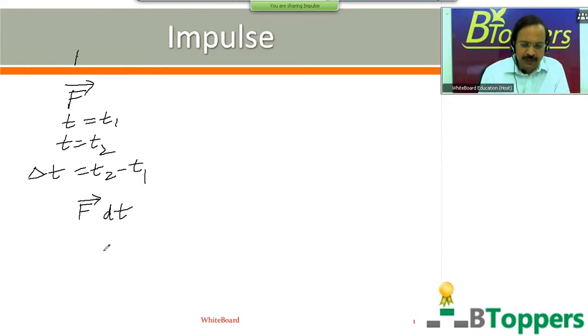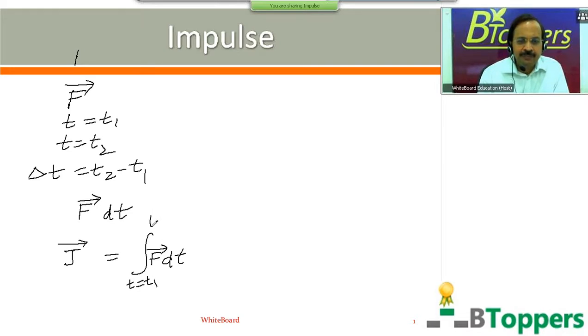So the total impulse given to the body for the time interval delta t, which we denote by J bar, is given by the integral of F bar dt from t equal to t1 to t equal to t2.